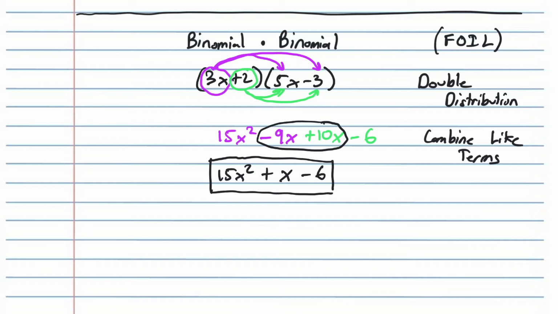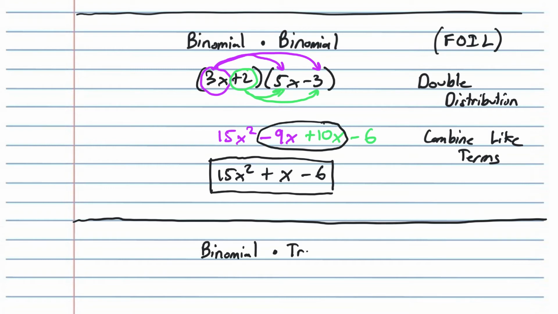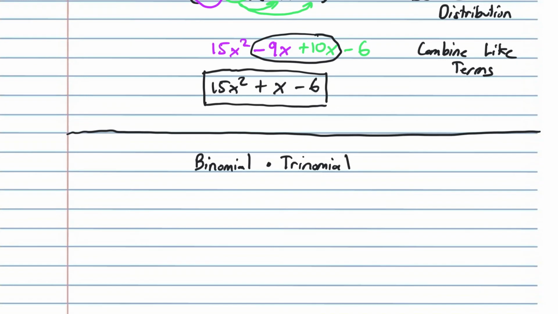Now what happens if we take this and we go one step even further? This is about as difficult as they'll get for now. In other words, what happens if we take a binomial and we multiply it by a trinomial? Let's scroll down one more time.